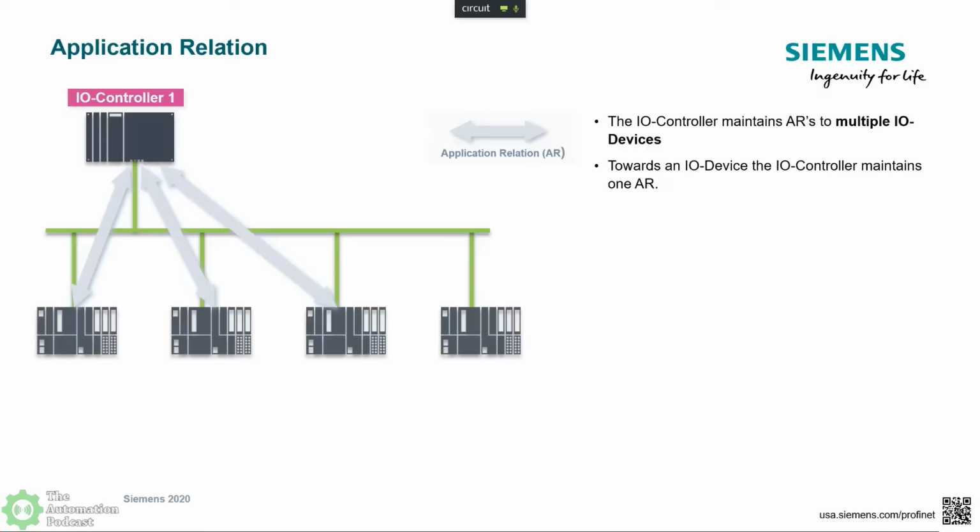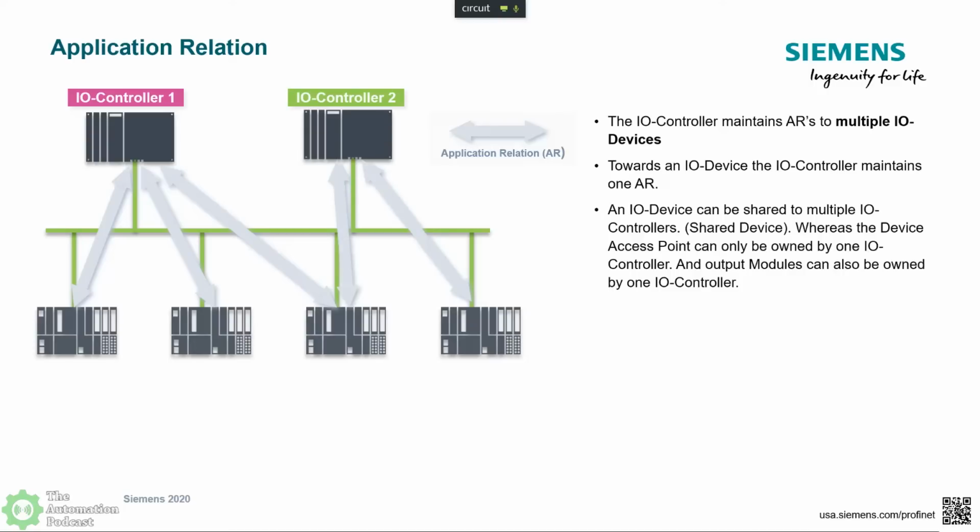The modules of an I/O device can be shared to multiple I/O controllers. If you can see here, this I/O device shares its I/Os to more than one I/O controller. A typical use case is one controller uses standard I/Os, whereas the other I/O controller uses fail-safe I/Os.